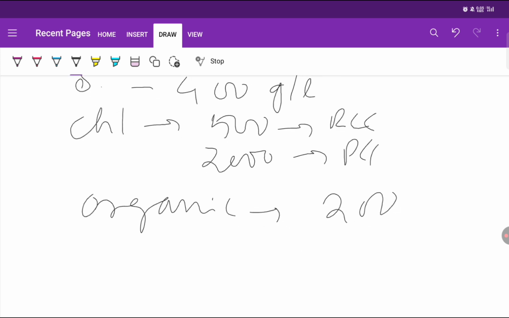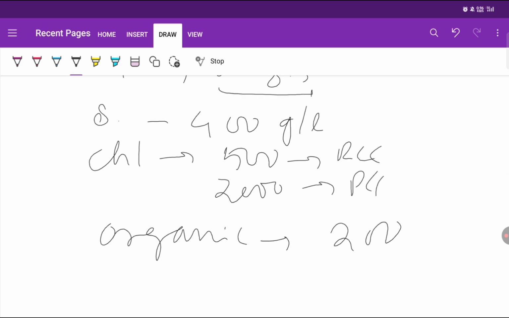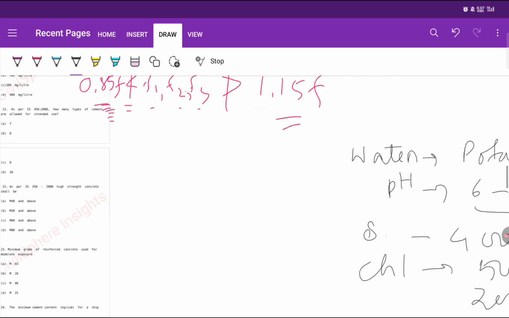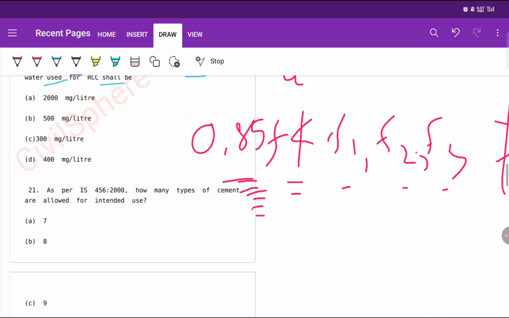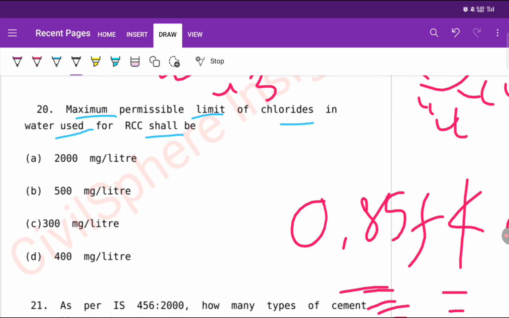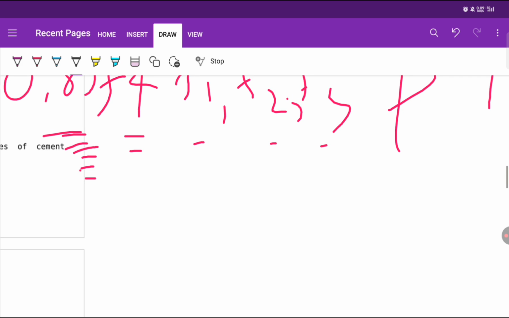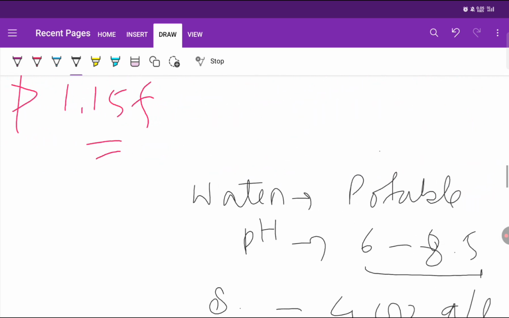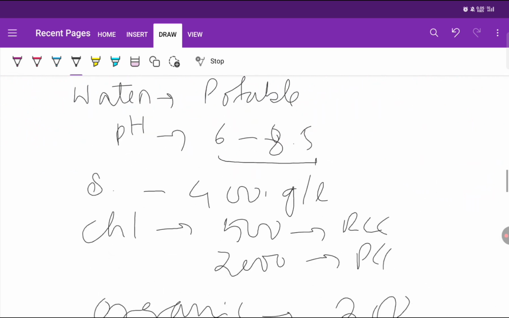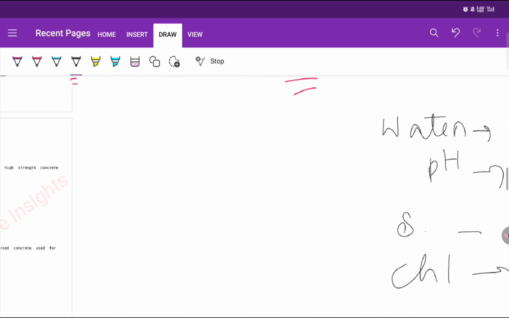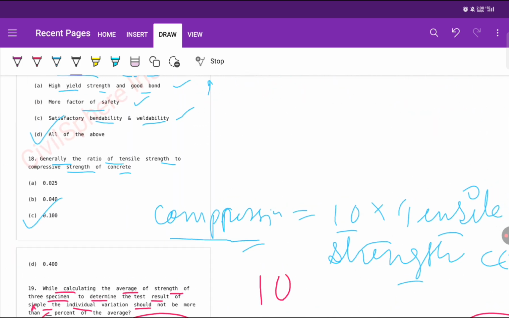Okay, so these things are important. So which option will be correct? Maximum chloride content, option B is the correct answer, 500 mg per liter. Okay, sorry, these things will be mg, I wrote gram. There's a small mistake, these things will be mg per liter or ppm.